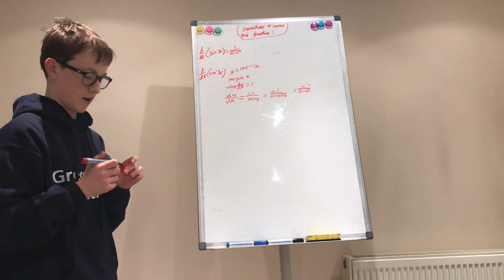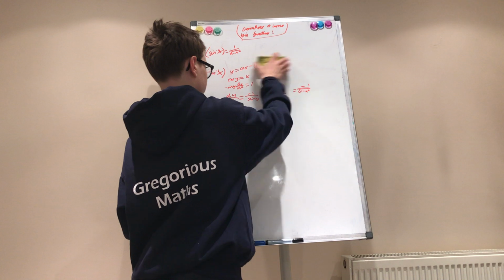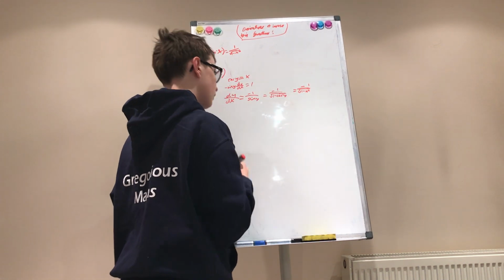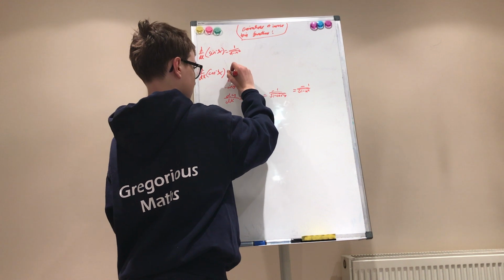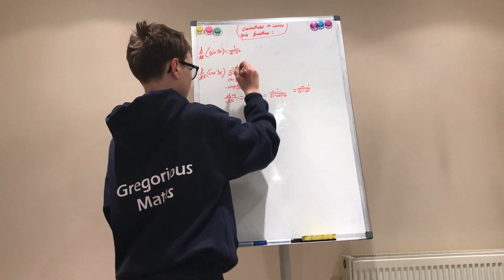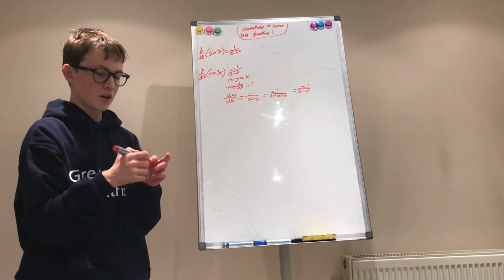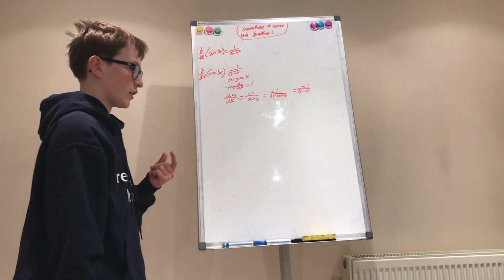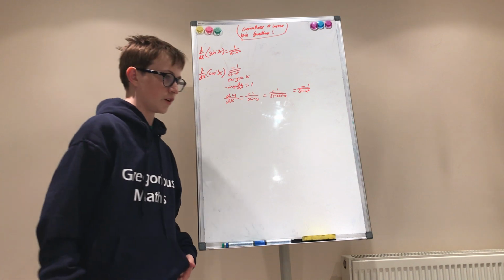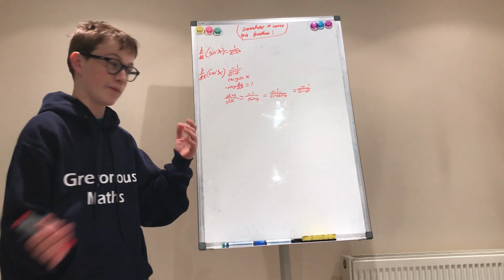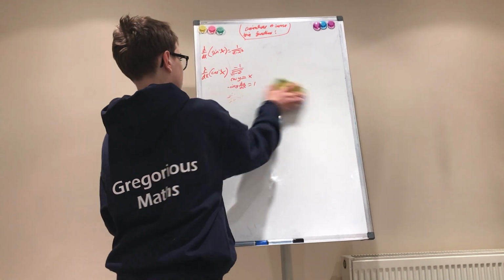And that's it. That's the answer. If you're wondering how I went from here to here, just use the identity that sine squared x plus cosine squared x equals 1. Subtract cosine squared x from both sides and take the square root. Same thing as we did before.